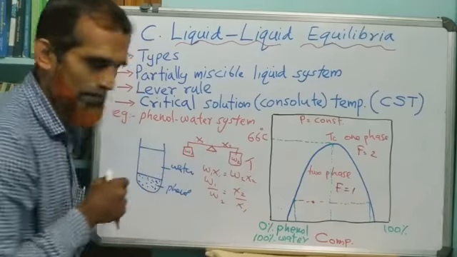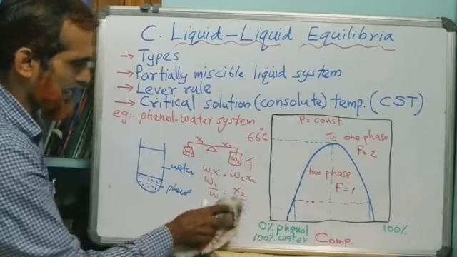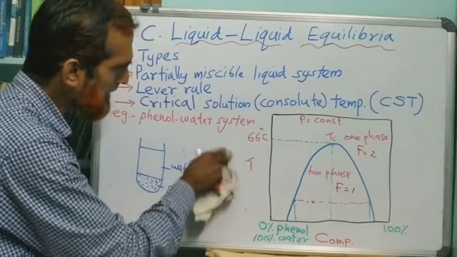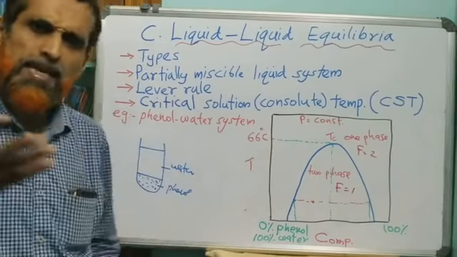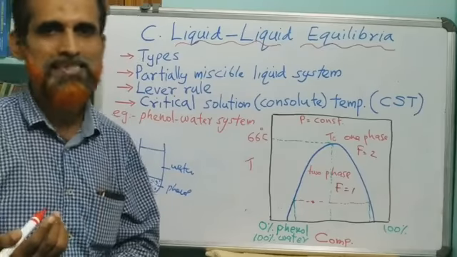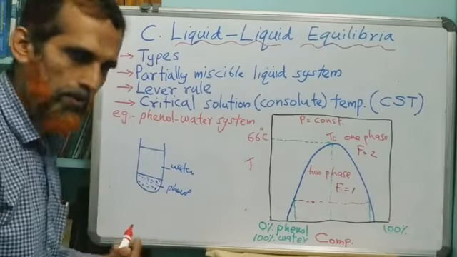And vice versa. Similar to this concept, we can consider phase diagrams, not only in this, any phase diagrams, like the simple irradiated system we have finished also, we can apply the lever rule.